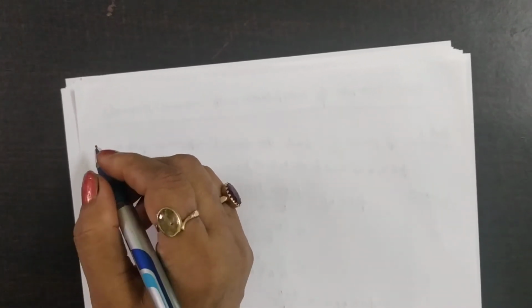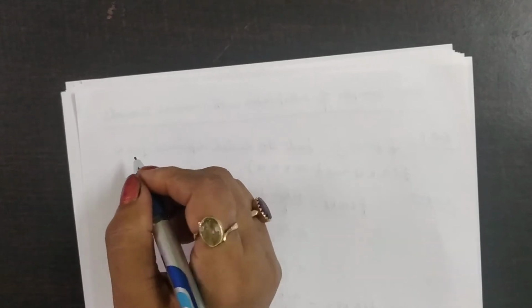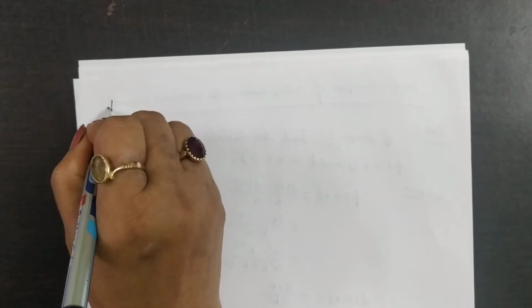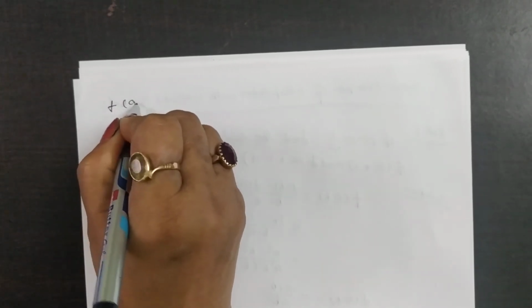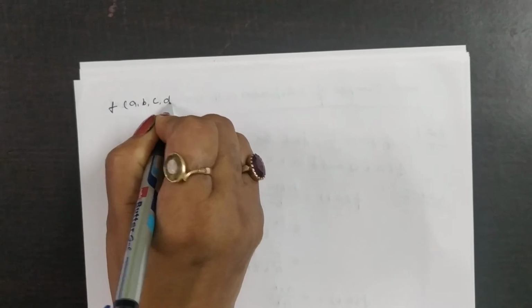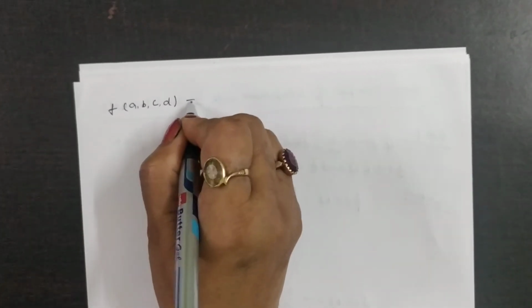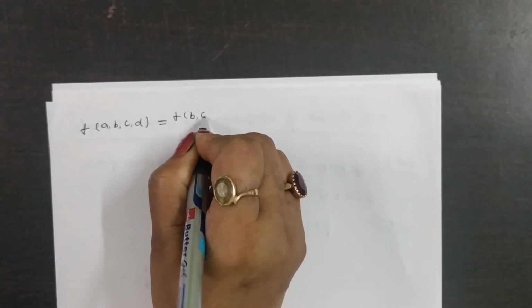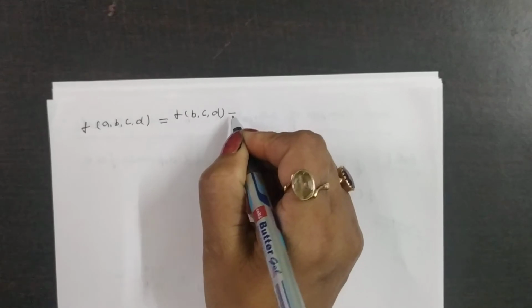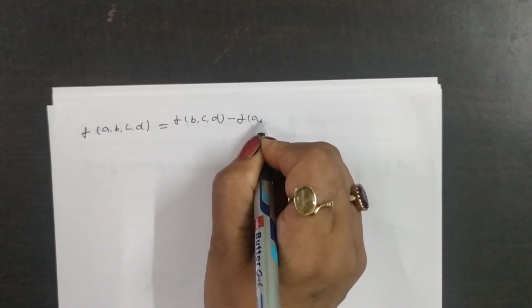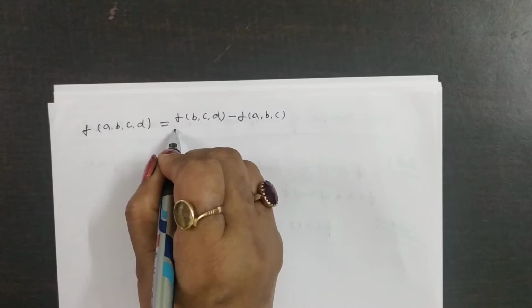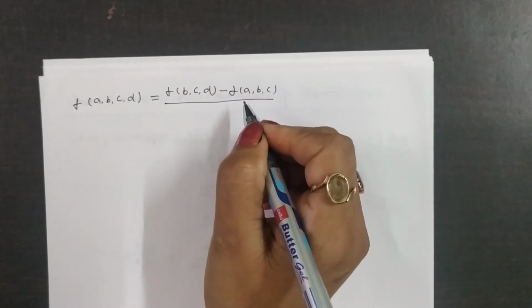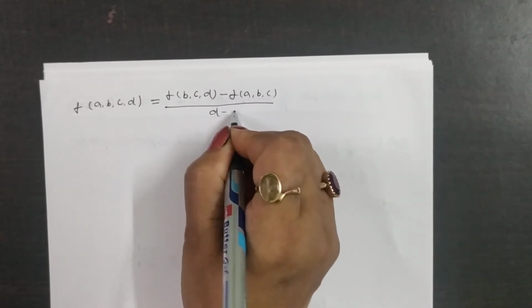Now next, you want to obtain f of abcd. F of abcd is equal to, this can be written as f of bcd minus f of abc, divided by d minus a.